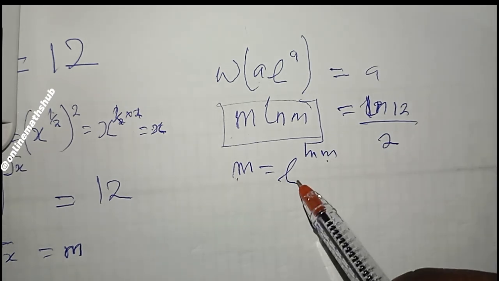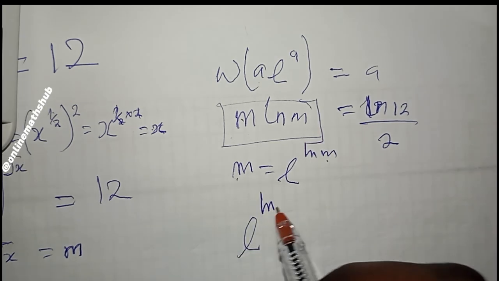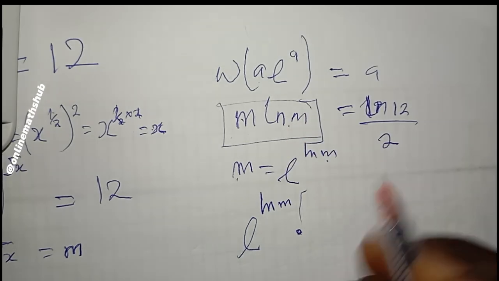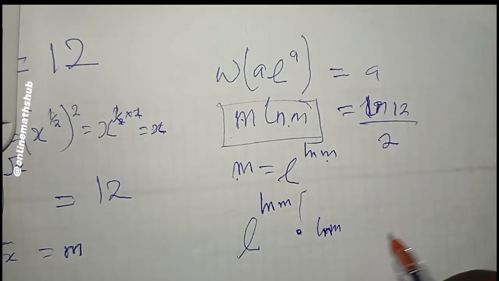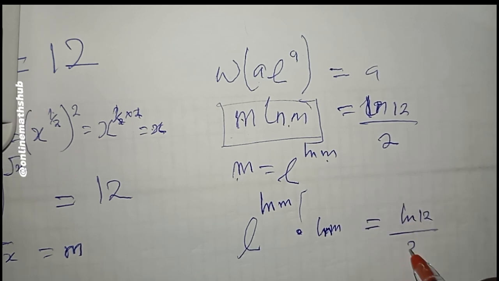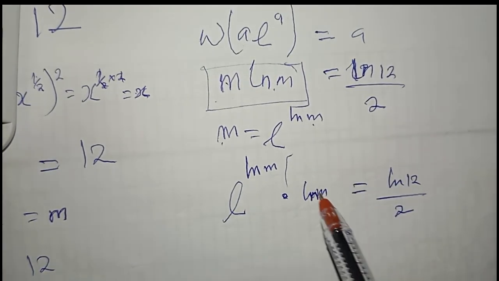and then 1 times m still remains m. Okay, so I'm going to replace that with this, so that now I have that this is exponential natural log of m, and then multiply by this natural log of m. Okay, and of course it's equal to the natural log of 12 divided by 2. And then at this point, you can see we've got what we're looking for.